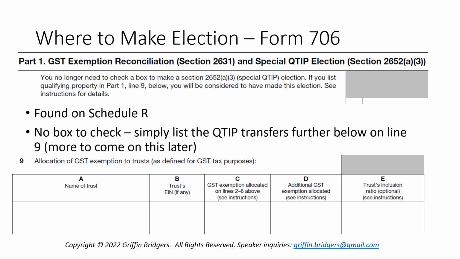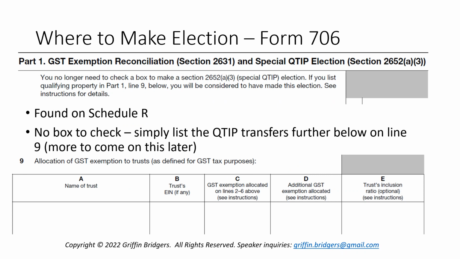Now, on Form 706, it's a little bit more complicated. There is no box to check, but you find this on Schedule R of the Form 706. And you'll see on Part 1 towards the top, it tells you you no longer need to check a box to make that reverse QTIP election. Instead, you simply need to include the qualifying property in Part 1, line 9 below, which I've taken a snapshot of at the bottom.